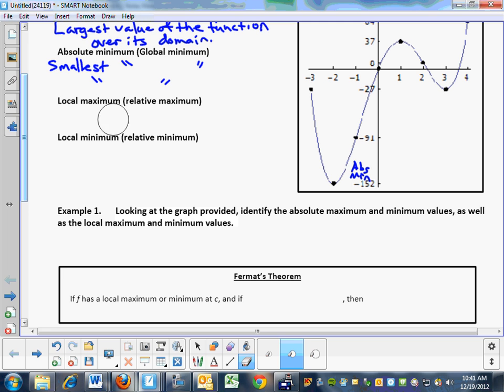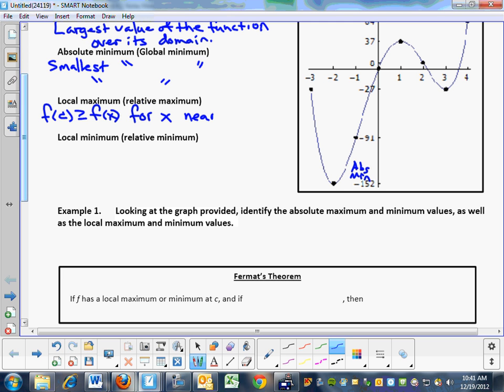Actually, let's rewrite that. Your book writes it the other way. Let's go f of c greater than or equal to f of x, for x near c.